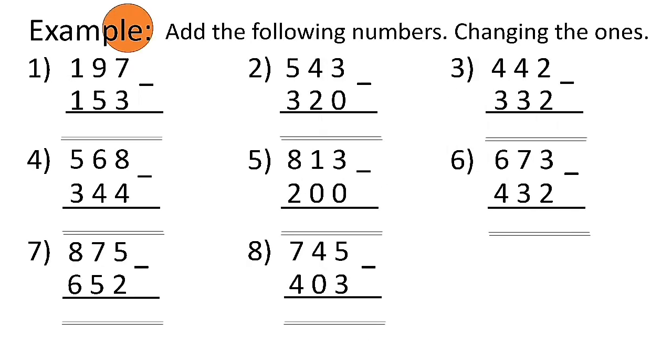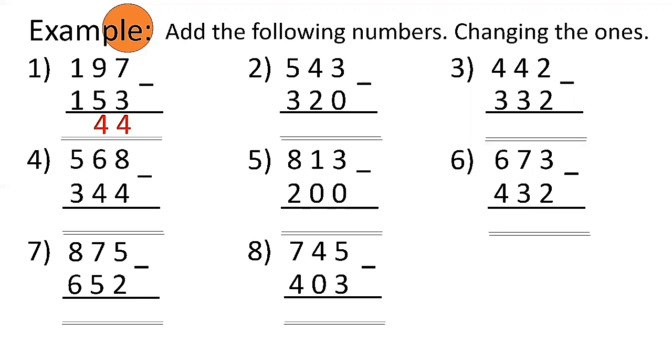Okay, example. Subtract the following numbers. Number 1, 197 minus 153. 7 minus 3 is 4, and 9 minus 5 is 4, and 1 minus 1 is 0.